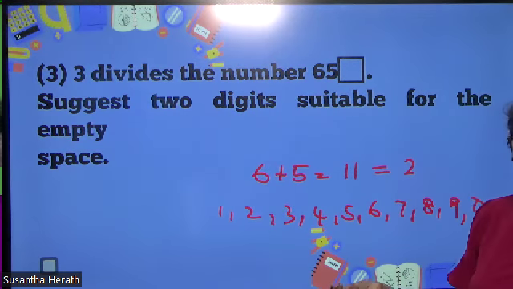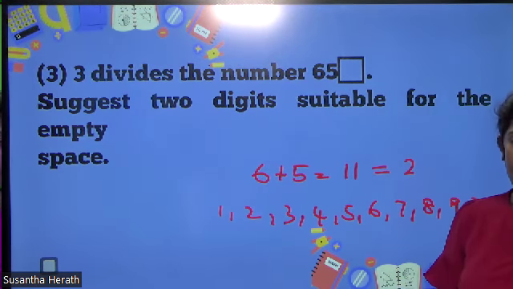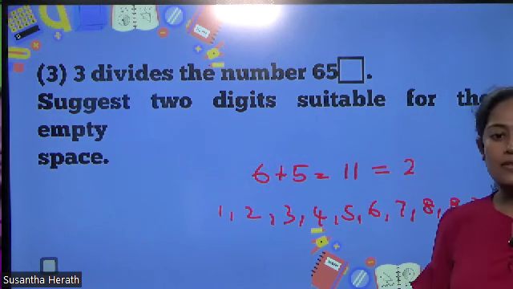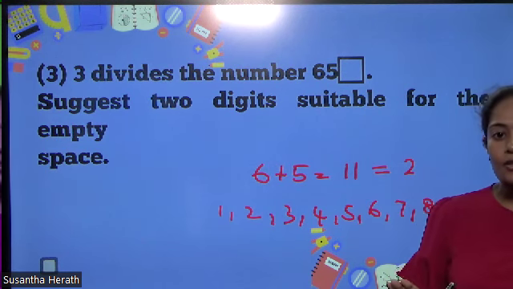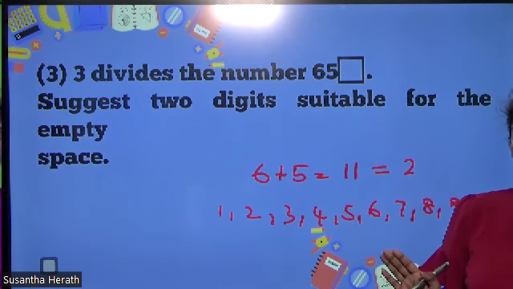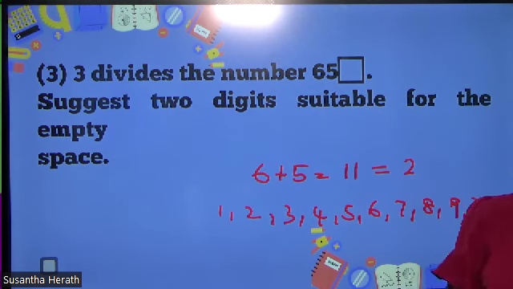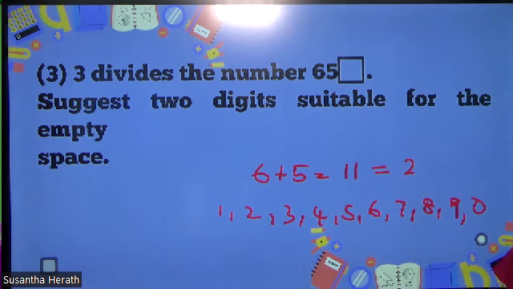So, if that number is divisible by 3, we have to check the digital root. We can divide by 3 without remainder. So, what are the numbers we can have?